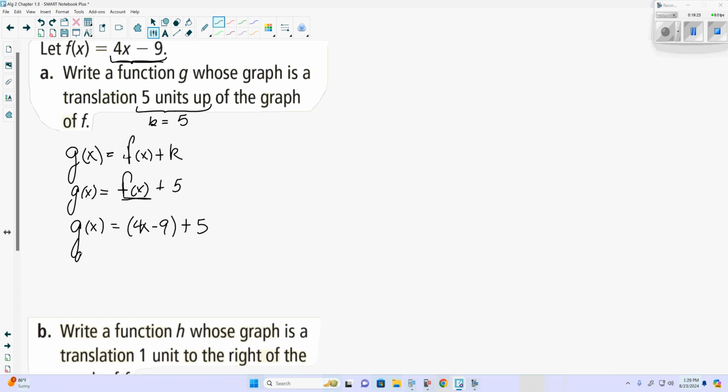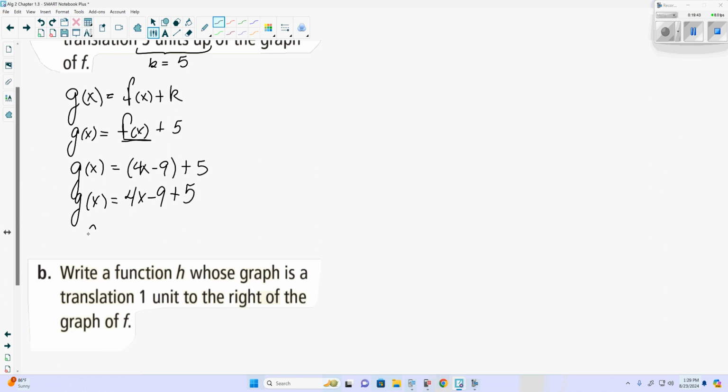Well, next thing we need to do is drop the parentheses. Since there's not a number in front of the 4x minus 9, we're not going to distribute anything through it. Sign's not going to change. So it'll stay 4x minus 9 plus 5. And last but not least, we need to combine like terms. And our negative 9 plus 5 is what?